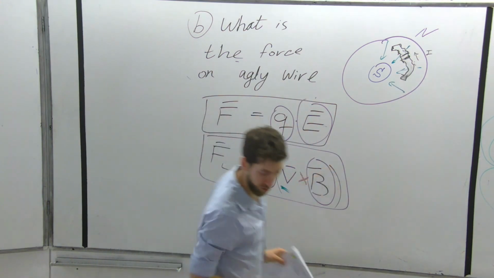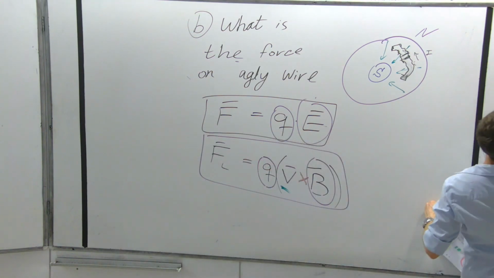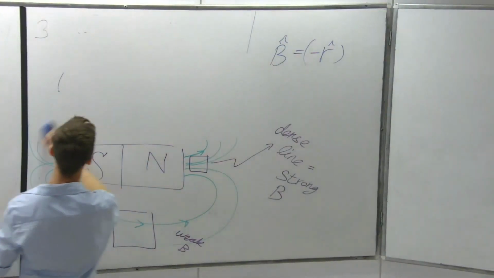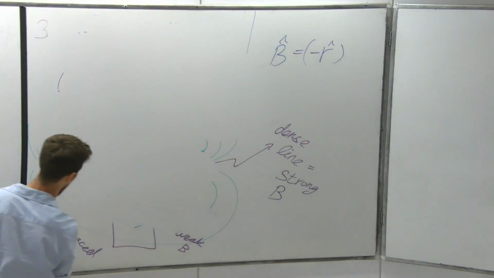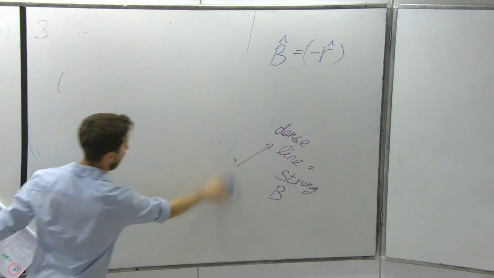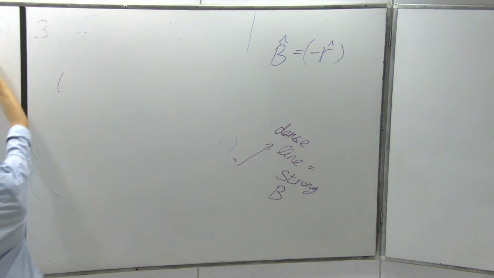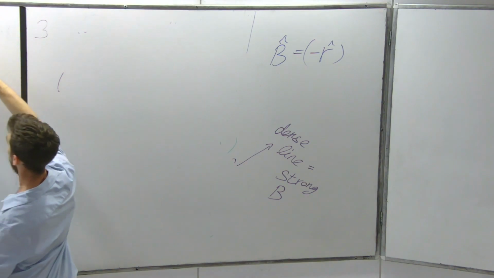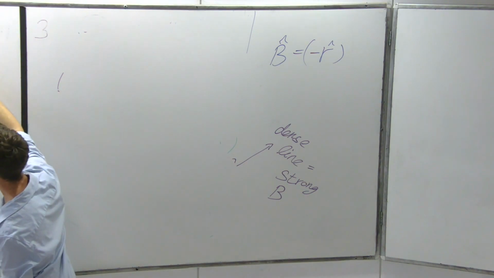So I'm moving to this board, please. So let's look at the F. What is the force that is actually applied on the little piece of wire? A little piece of wire, because it's a line, let's call it dF. Okay, just a small piece here, right?